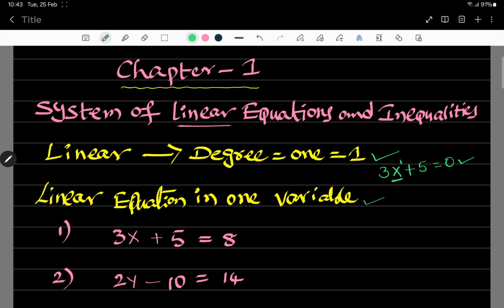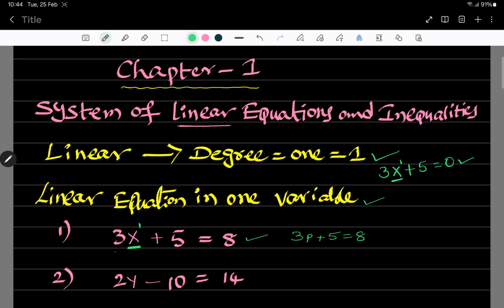Linear equation in one variable means the equation having only one variable with a degree 1, like this. 3x plus 5 is equal to 8. You can use any variable, not only x. From the alphabets A to Z, you can use any letter like 3p plus 5 is equal to 8.